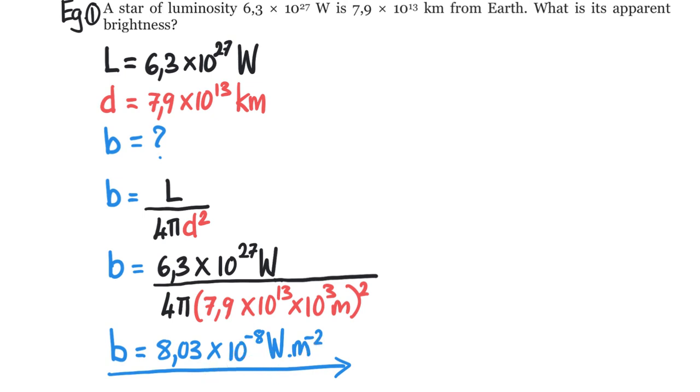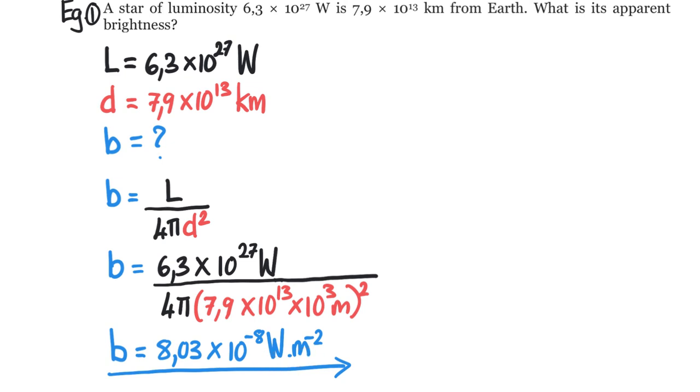So what does this actually mean? Well, at the star, it's generating 6,3 times 10 to the 27 joules per second, because remember, watts is the amount of energy transferred or generated per second. But at the observer, we're only picking up 8,03 times 10 to the negative 8 joules per second per square meter.